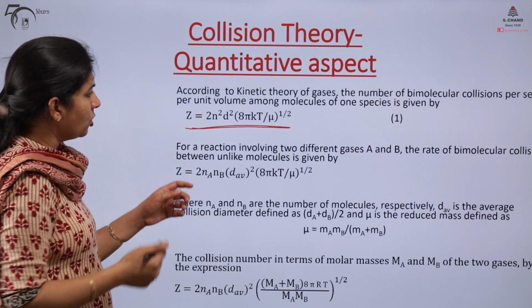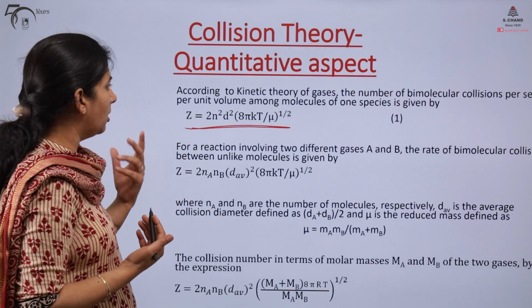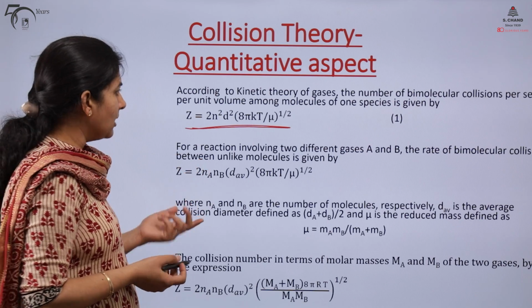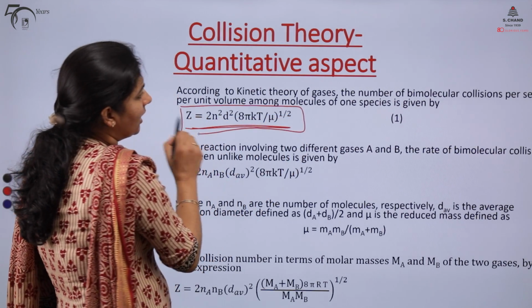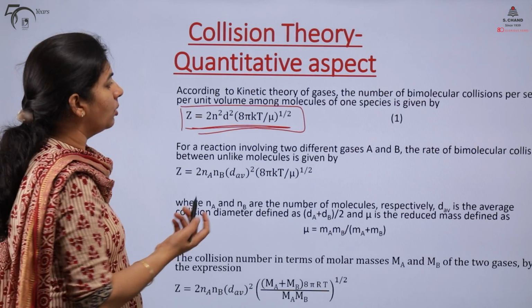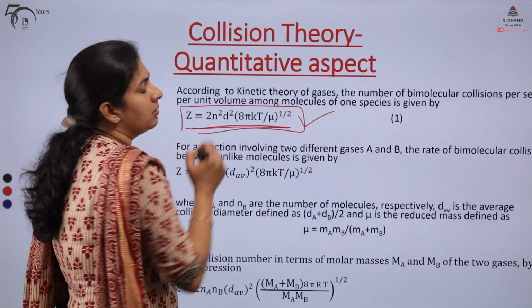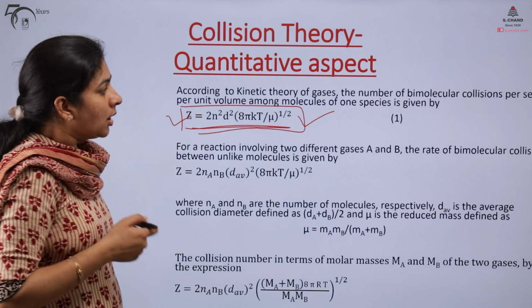So if I assume that I have n number of molecules in a gas, then the number of collisions taking place in unit time, in unit volume, will be given by this expression 1, which is also called the collision number.